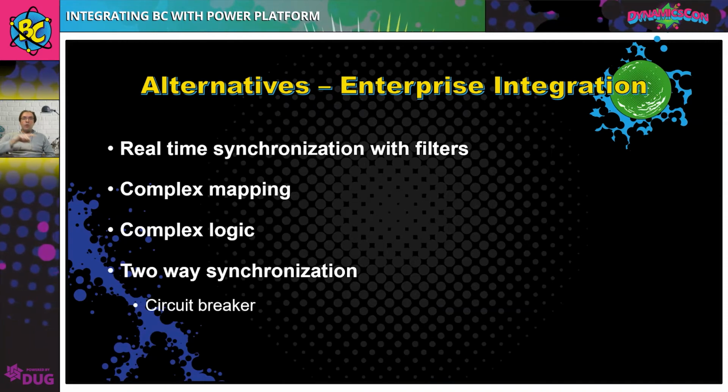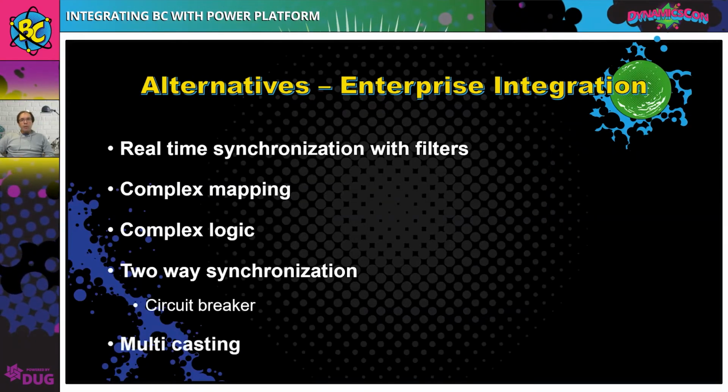If I have that two-way integration, how do I break that infinite loop, right? Because we have the ability to do the filters that we talked about in the beginning, we can create a circuit breaker. For example, don't trigger anything if the user that makes the changes is the service account used for enterprise integration.